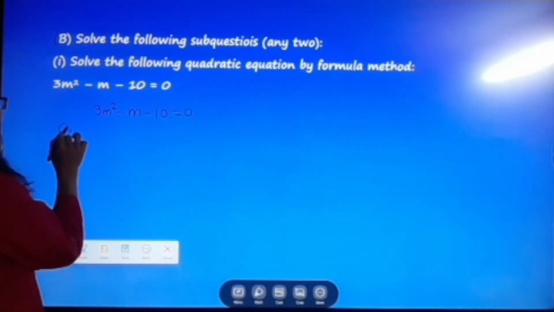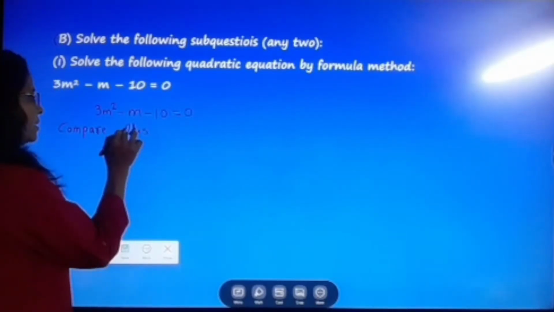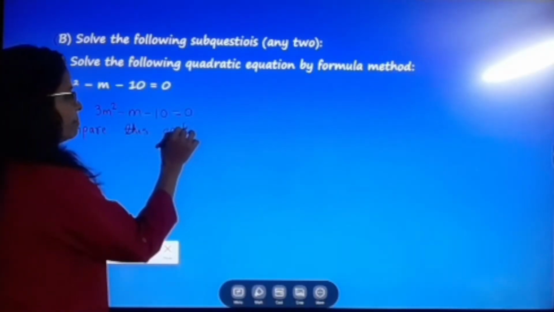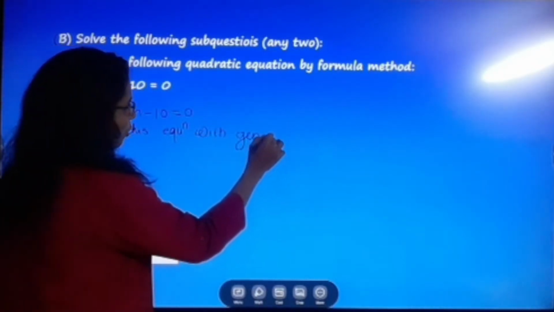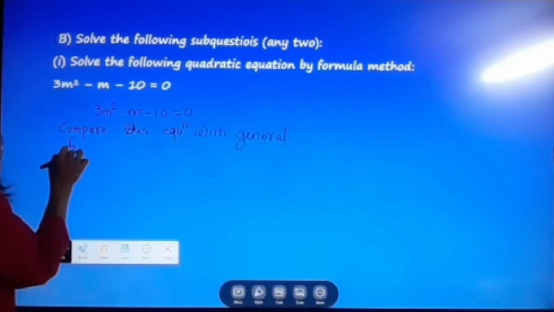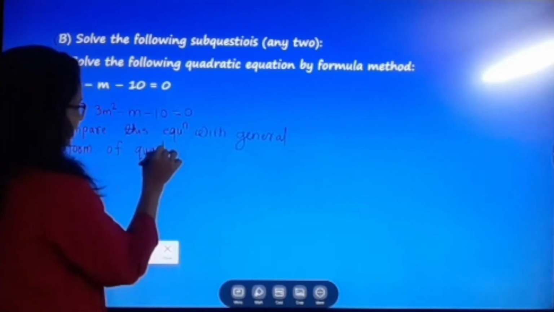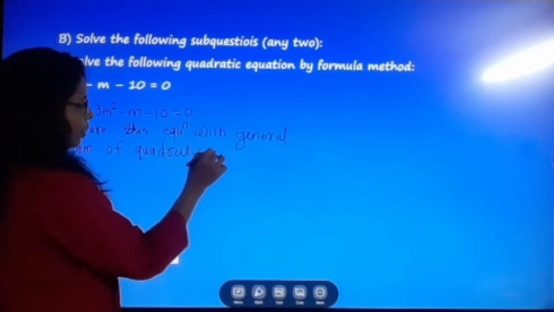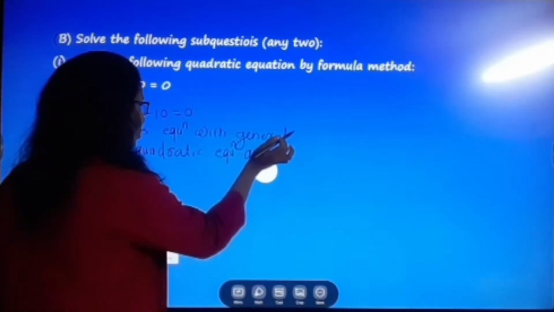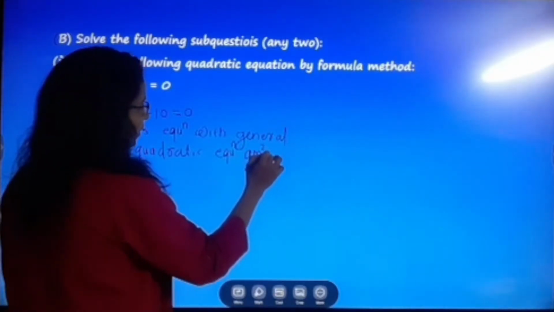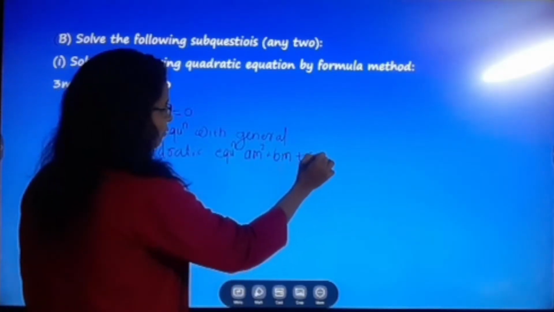So I write here: compare this equation with the general form of quadratic equation, a m square plus b m plus c is equal to 0.